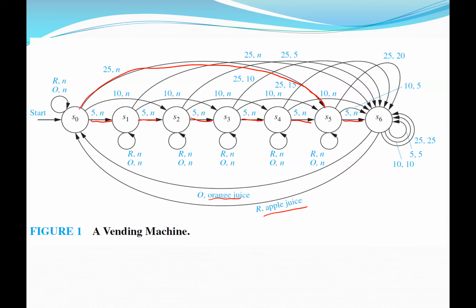Sometimes you can take 10 cents at a time, skip a bunch of the steps, and then put 5 cents in last. Sometimes you take 10 cents and then 5 cents, or you can take 5 cents and 25 cents. It still takes you to the final state. So this is what we call a finite state machine. That's the concept for today.